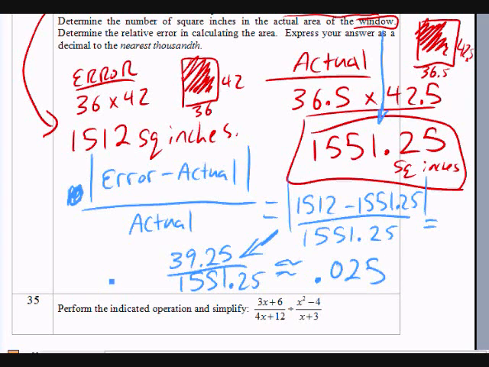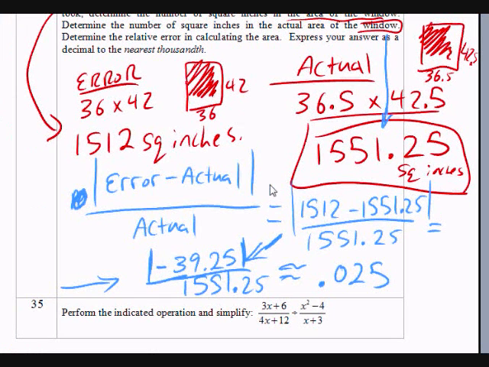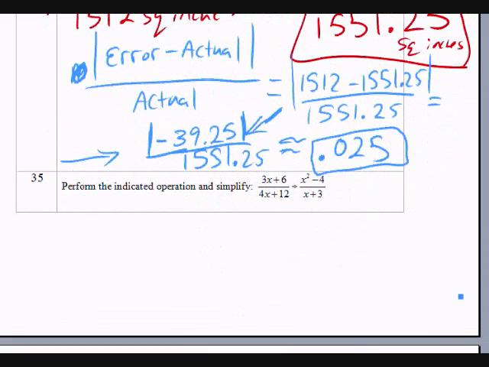Okay, slight correction here. This 39 is a negative 39. Okay, but if we're taking the absolute value of negative 39, it becomes a positive 39.25. When we divide it by 1,551.25, you get 0.025. So the answer is, alright, 0.025 for relative error. Okay, next, 35.